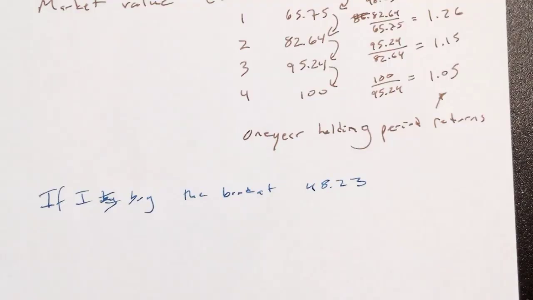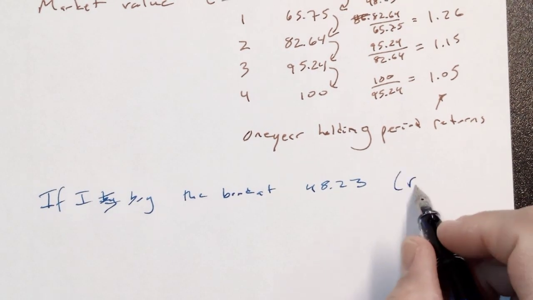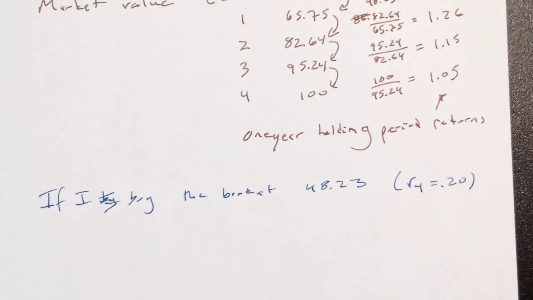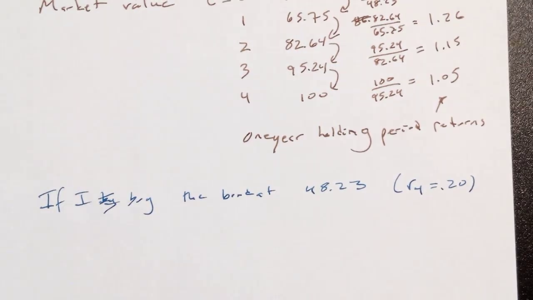Our market price on day zero was $48.23. And that was based on the 4-year being 0.20. Okay, I happen to make this purchase first thing in the morning. Market's open in 35 minutes. I'll buy it right now.